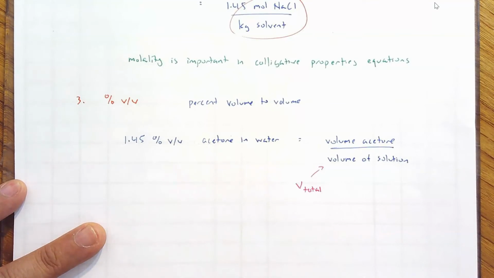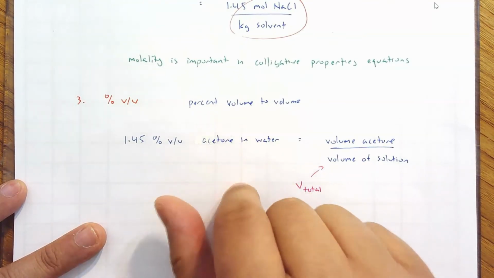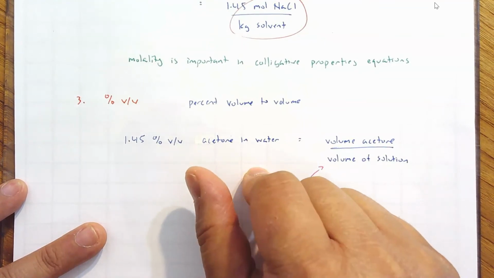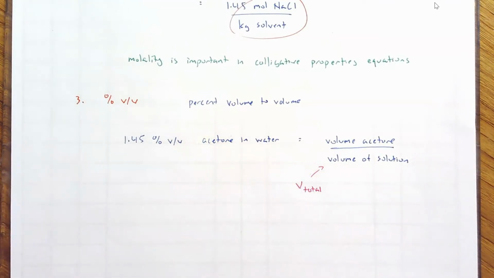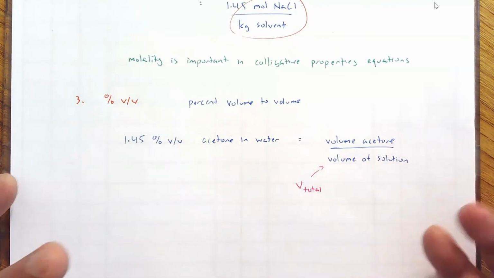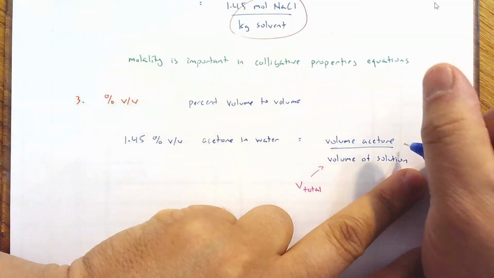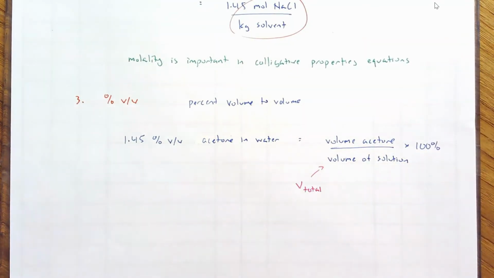And actually they may not be. 5 milliliters of acetone plus 100 milliliters of water, you would want to verify experimentally whether that is a 105 total, or is acetone kind of fitting in between the water and it's almost no added volume. But anyway, that is volume to volume and it's a percentage. You know what?